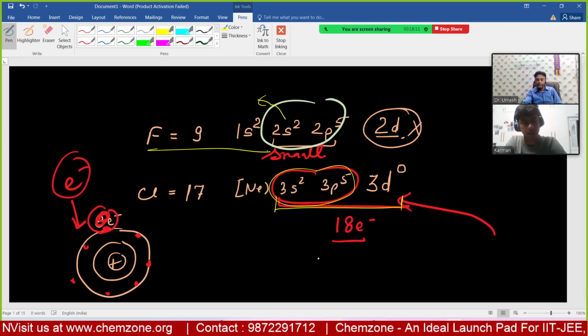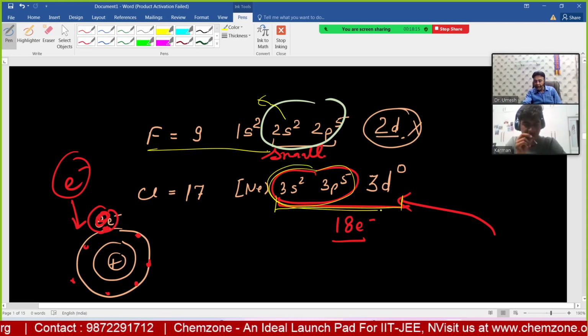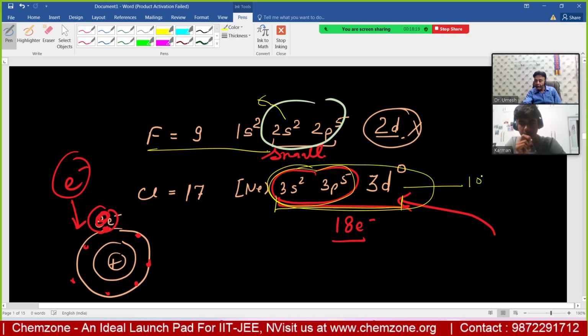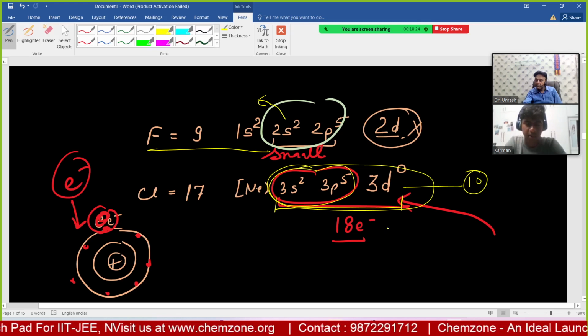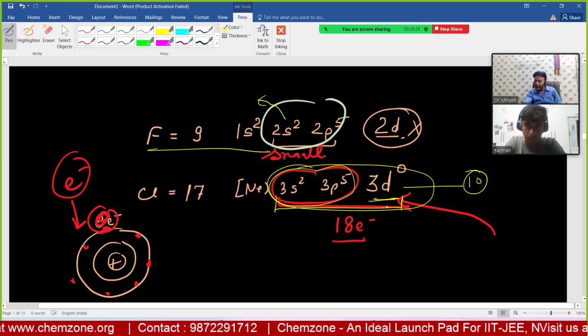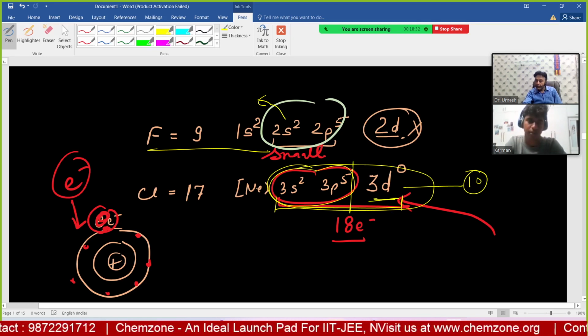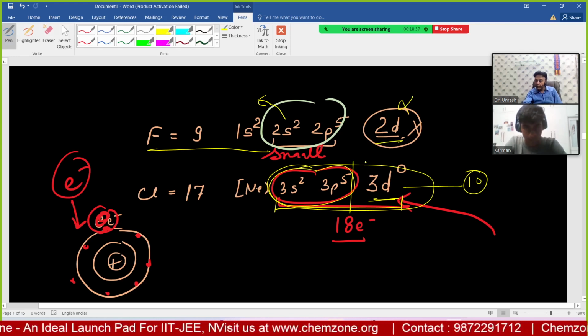Sir, how does chlorine have more space? See, in the third shell, we have a 3D subshell that can accommodate 10 electrons, but that is empty space. D is there, but it is not occupied by electrons. We cannot write 2D in fluorine. We don't have any 2D subshell.